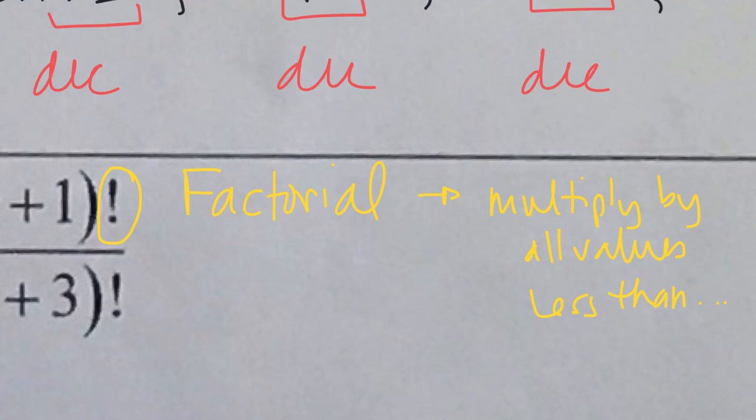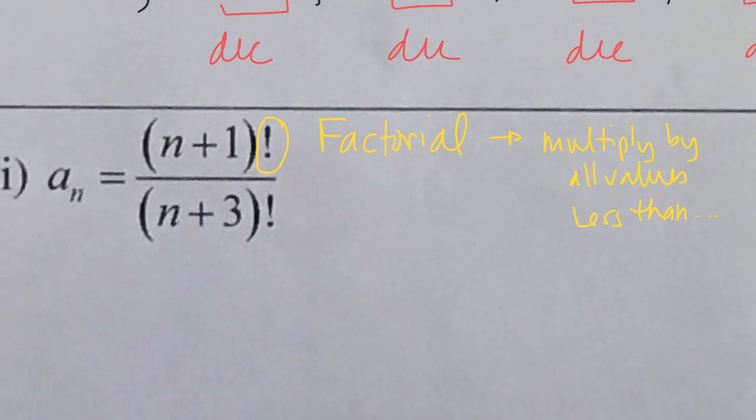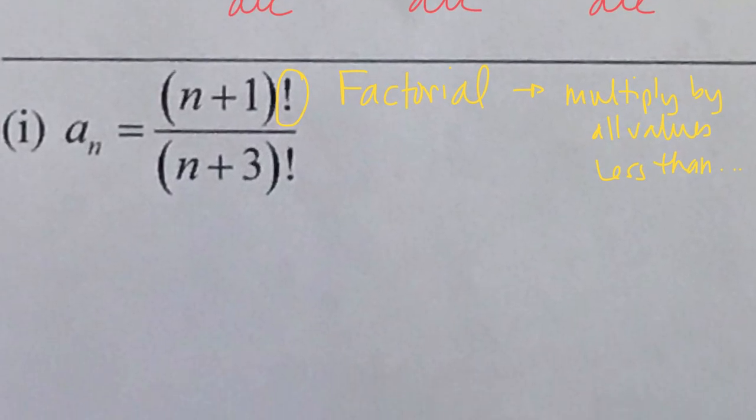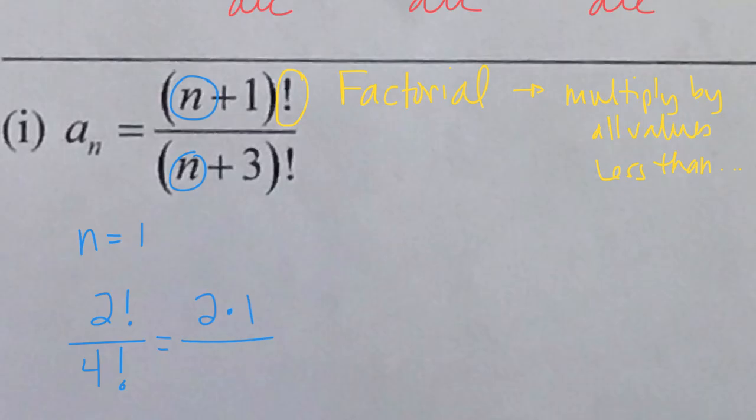Okay, so let's see what this looks like if we were to do n plus 1 factorial over n plus 3 factorial. Let n equal 1. What is 1 plus 1? That's 2 factorial over 1 plus 3, which is 4 factorial. So 2 factorial means 2 times 1. 4 factorial means 4 times 3 times 2 times 1.